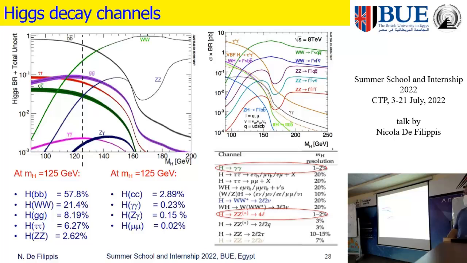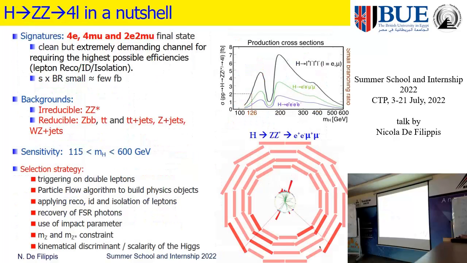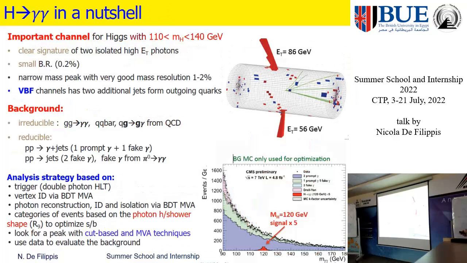And with the clear signature of high energy photons and charged leptons, you clearly can reconstruct the mass of the resonance. And this is what has been done.